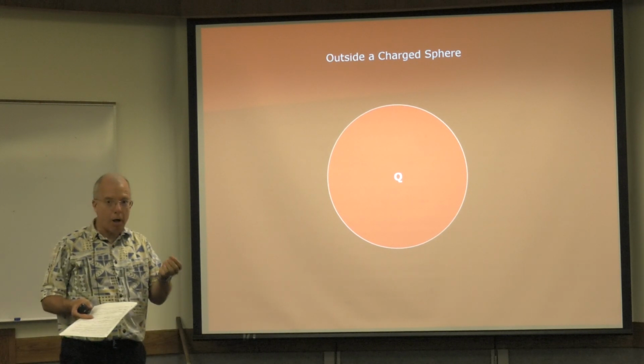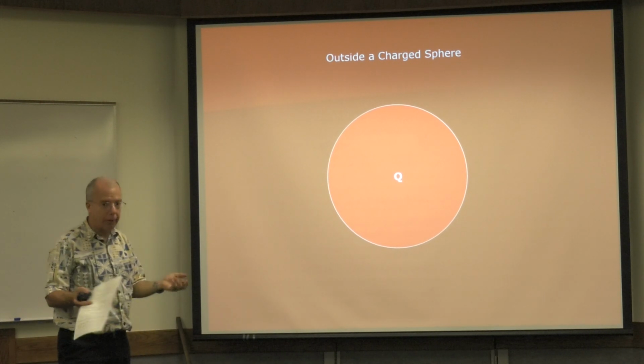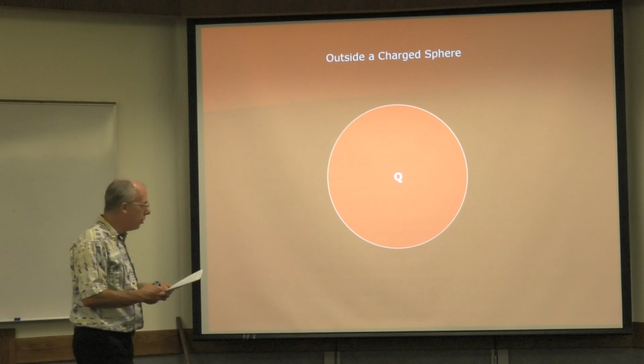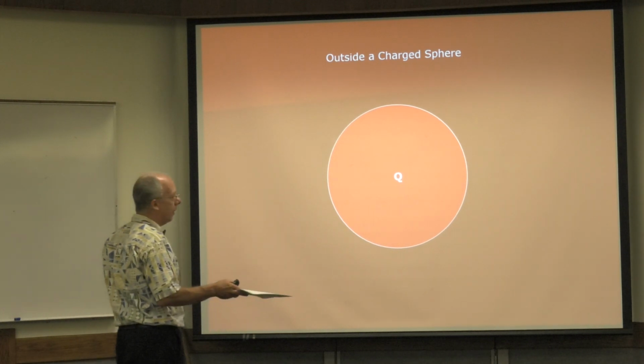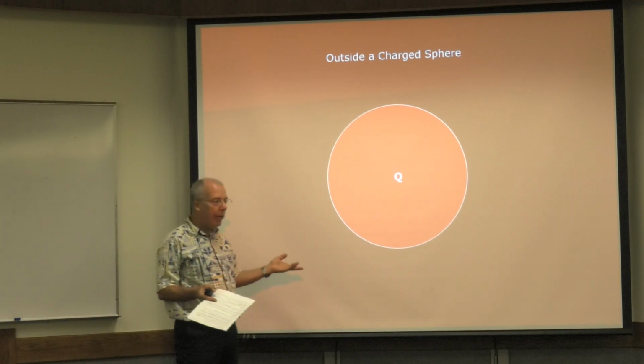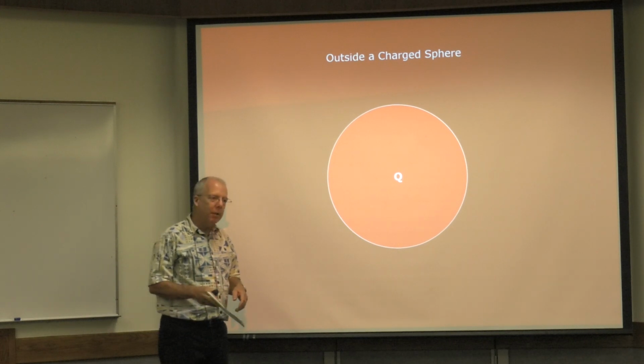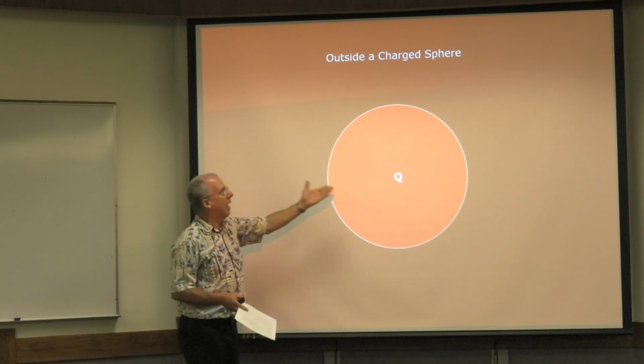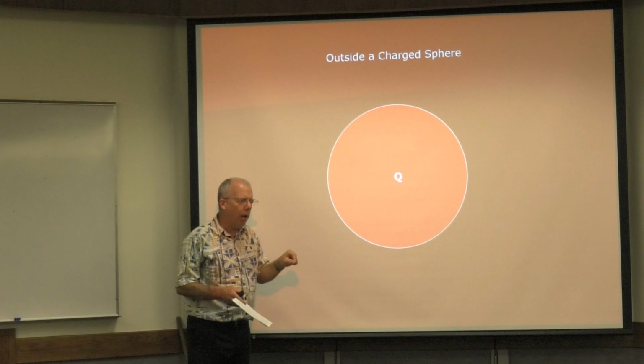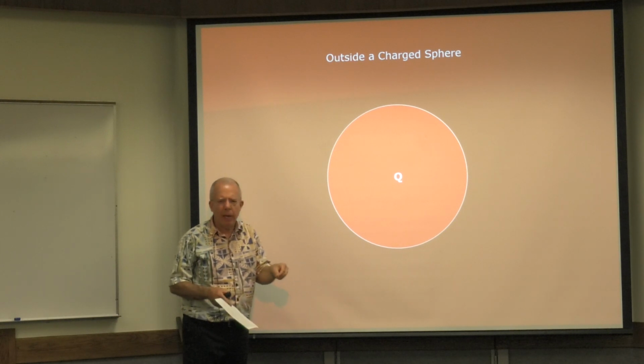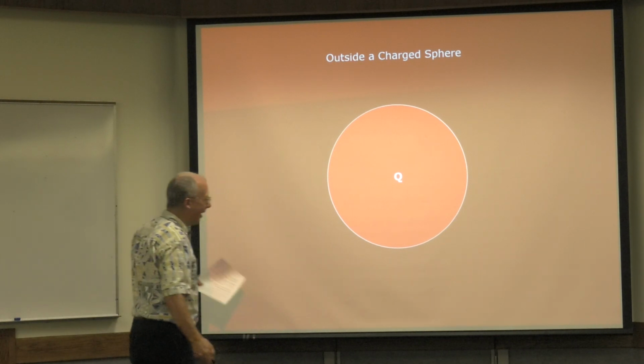Well, it looks pretty small. It looks like a point charge, agree? If it looks like a point charge, then what do you suppose the formula is for the potential? Well, it looks like a point, we're outside of it, so probably the same formula, right? Yeah, isn't that great?